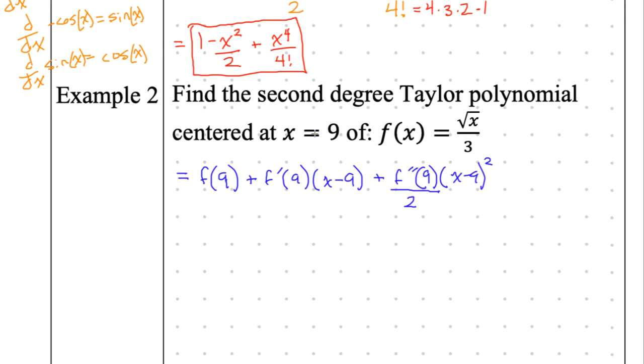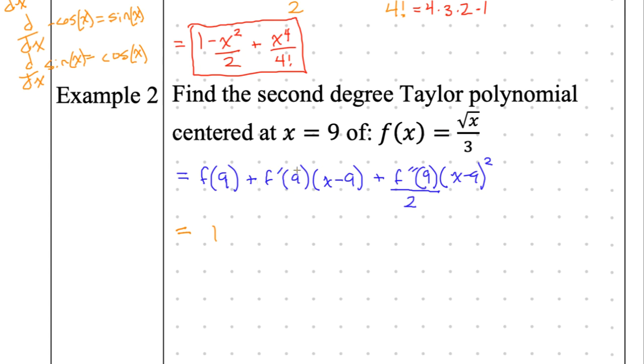Those are the 2 hardest steps now after writing down my formula. So I know f of x, that's pretty straightforward. When I plug in 9 into f, that's going to be the square root of 9 divided by 3, or 3 over 3, and 3 over 3 is 1. So this is equal to, we'll leave it as just 1. I think you guys can follow along. If I plug in 9 into here, I get 1. Next, let's take the derivative of this function, the square root of x over 3, and see what happens.